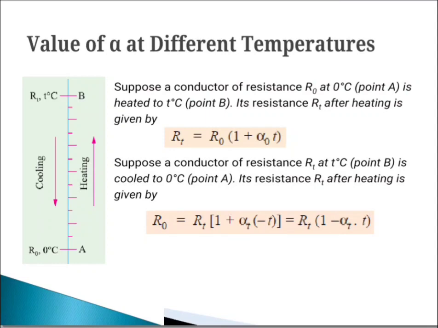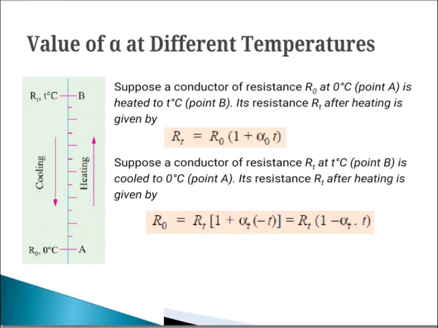Suppose the conductor of resistance R of t at t degree Celsius is cooled. In the first condition, we heat it, and in the second condition, we cool it to 0 degree Celsius.